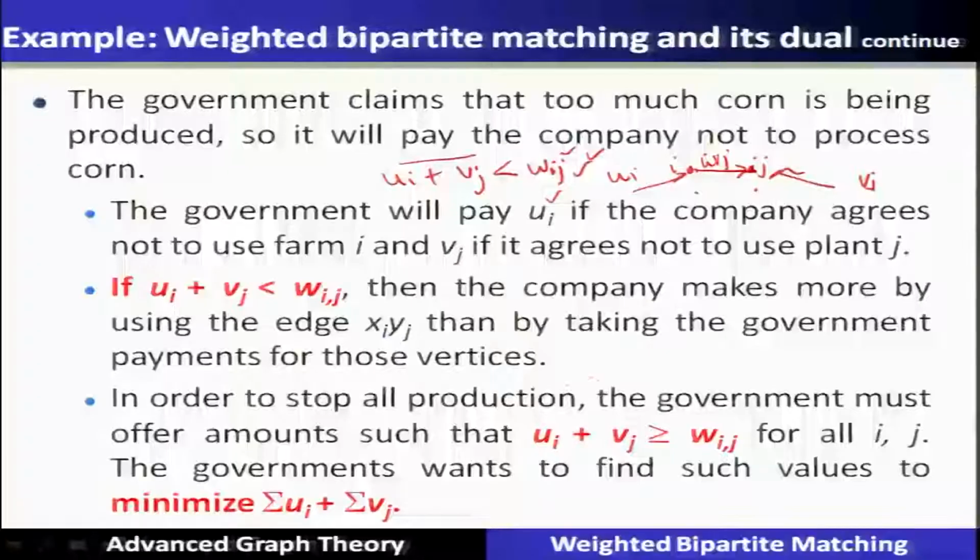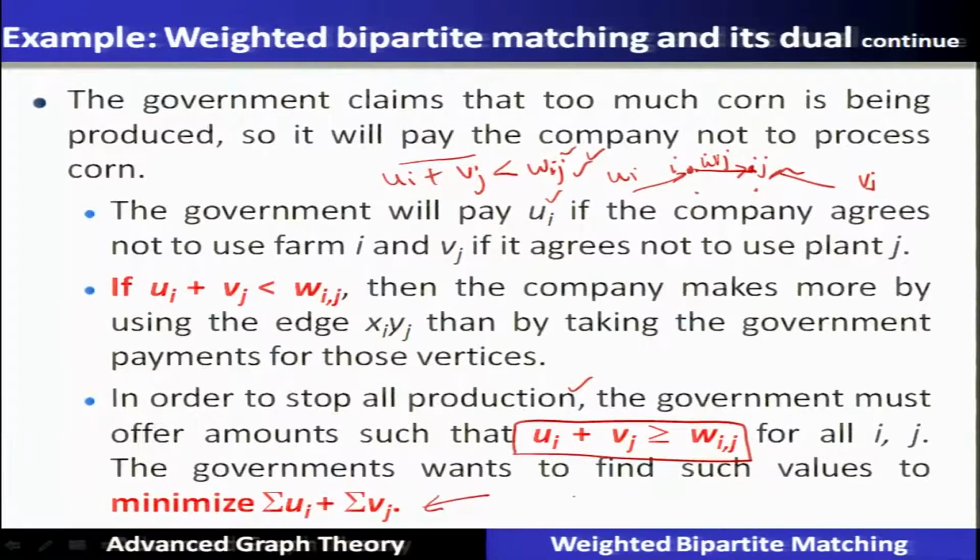So, in order to stop all the productions of a corn, the government must offer amounts which are at least wij, that means ui plus vj is at least wij. Now, the government wants this particular value to be minimized.